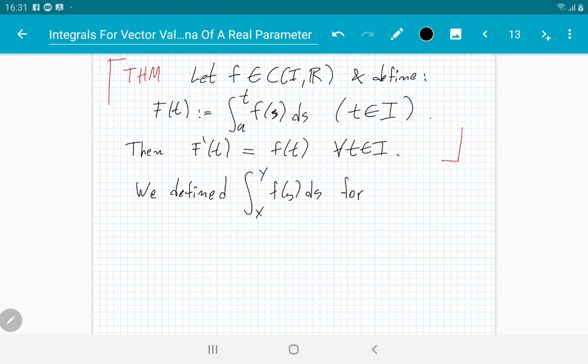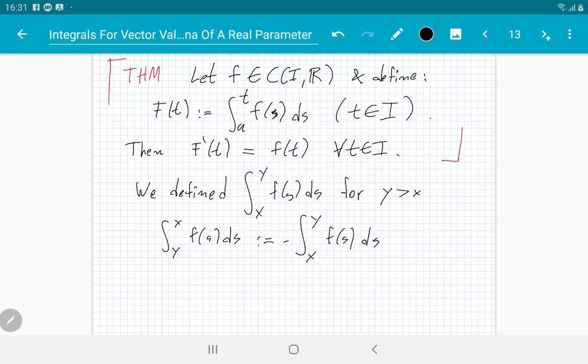We defined this for y greater than x. And now we're going to say that the integral from y to x is going to be equal to minus the integral from x to y. So we know how to integrate both from a smaller point to a larger point, and the other way around.